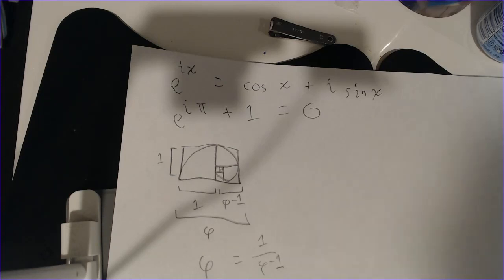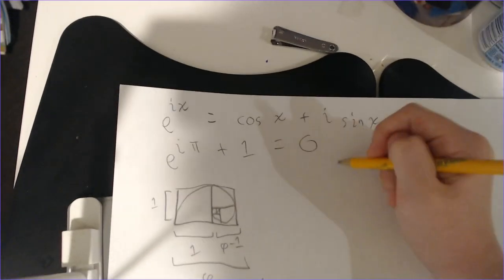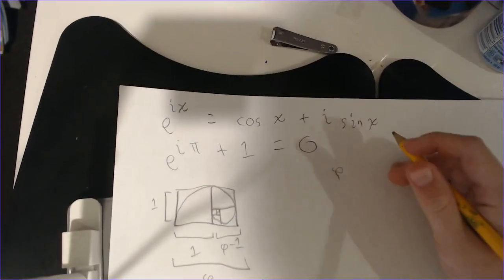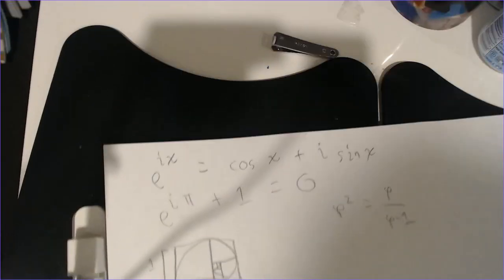the next part is to multiply by phi to get phi squared equals phi over phi minus 1.